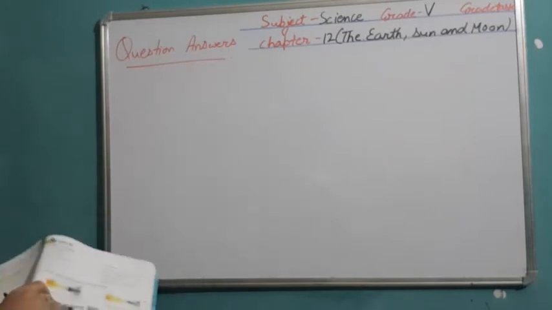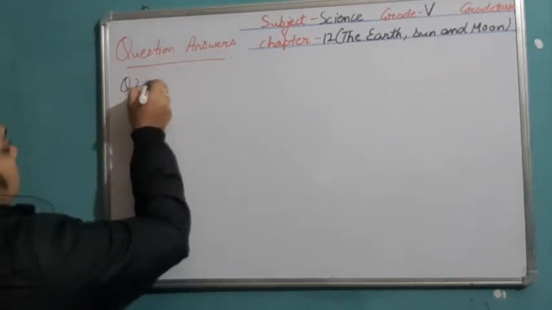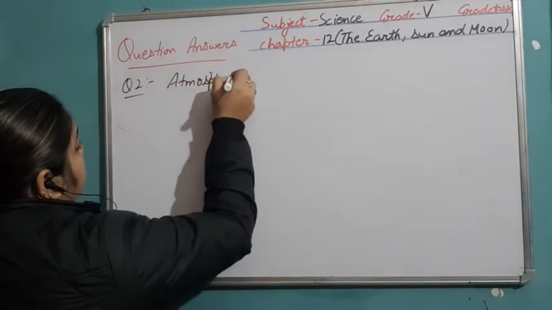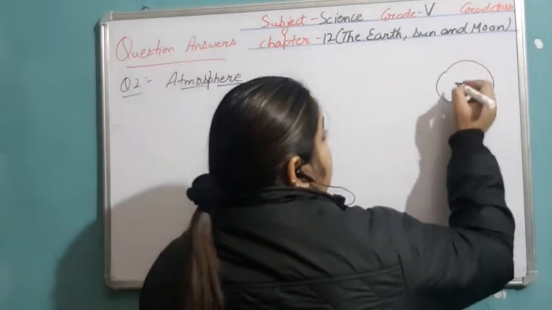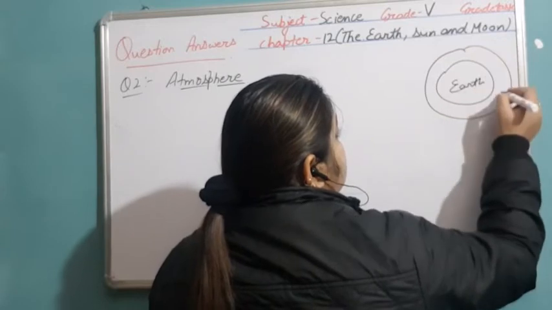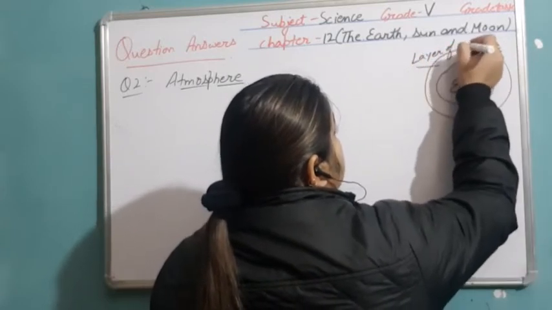Second question is, what is atmosphere? Our planet, we live on the planet earth. Around our planet there is a layer of air which is surrounding the earth.